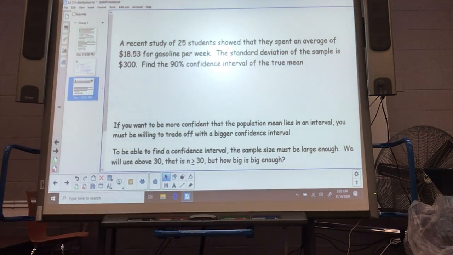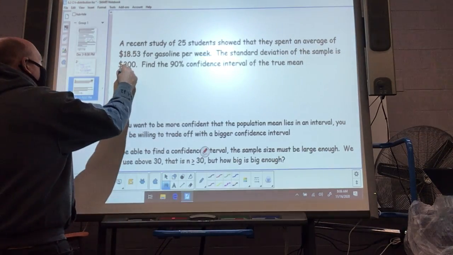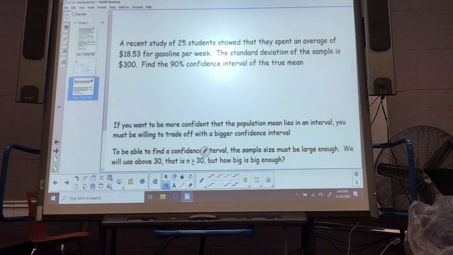A recent study of 25 students showed that they spent an average of $18.53 for gasoline per week. The standard deviation of the sample is $3. Find the 90% confidence interval for the true mean.